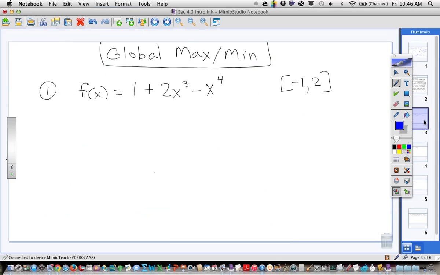All right, so let's do this problem right here. Go ahead and do this. This would be a no calculator situation. Let's treat this as a no calculator situation, unless you need to type a multiplication or something simple like that. But don't graph it, don't do any of that. Find the global max and min on that closed interval for that function.